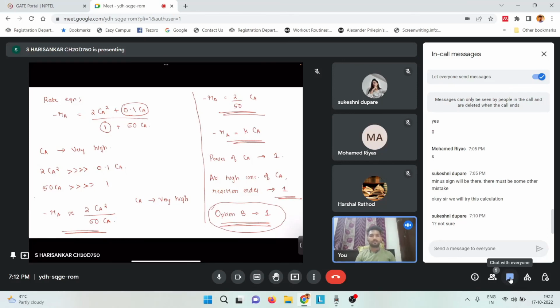Depending on the concentration term, if the concentration terms are high, we'll just neglect the other terms, and if the concentration terms are very low, we'll neglect the concentration terms, and then we'll find the order of the reaction. And such kinds of reactions are called shifting order reactions. So the order will shift with respect to the concentration of the reactant. Is this question clear?